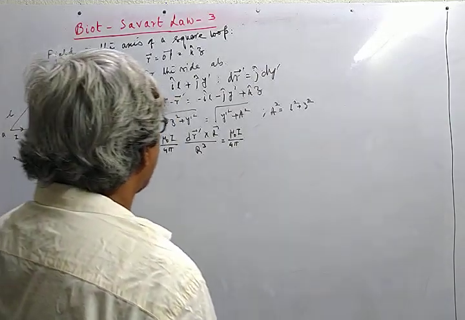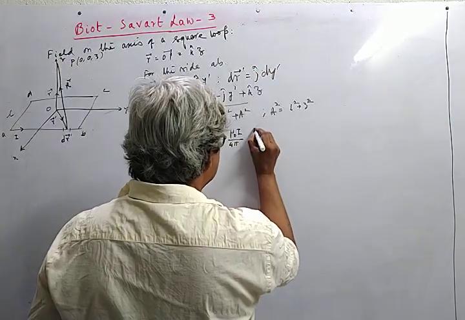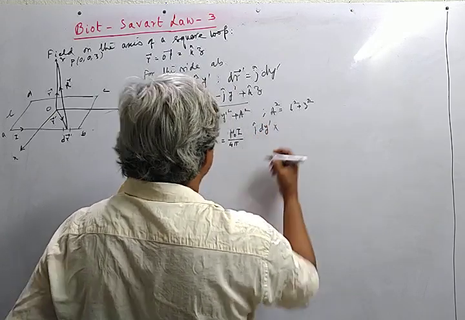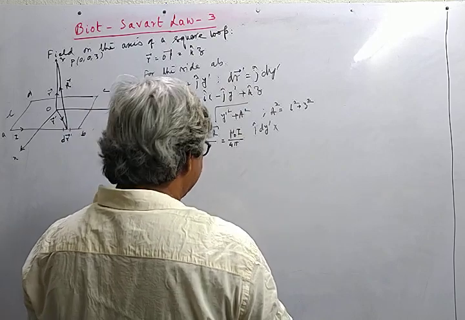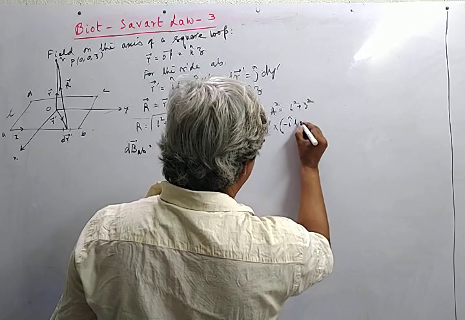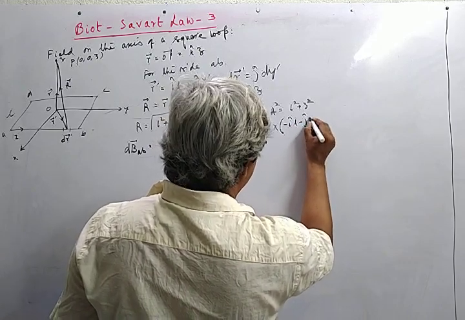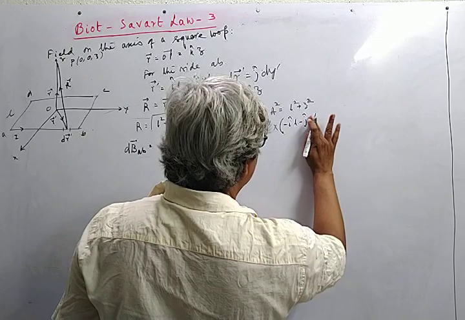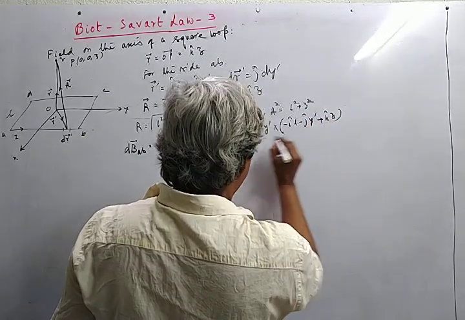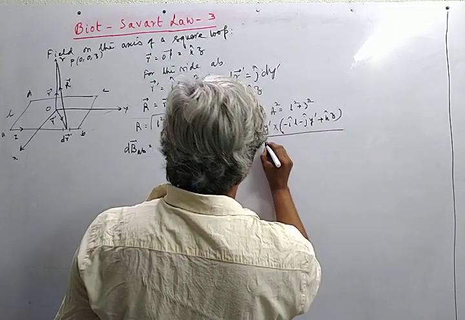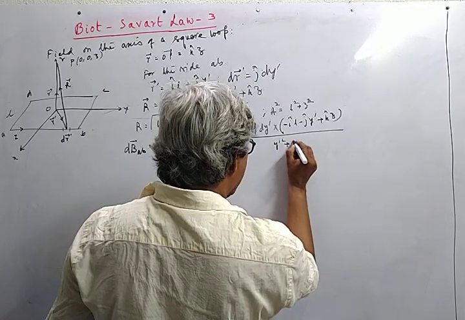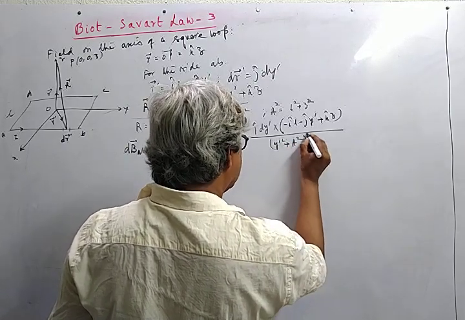For dr prime I write this, j dy prime cross, for capital R, this is minus i cap L minus j cap y prime plus k cap z, over y prime square plus a square to the power 3 by 2.